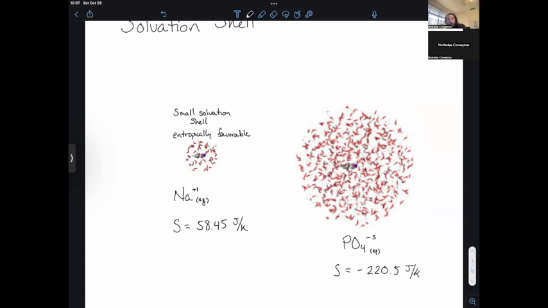I'll show you how I get these values in a second. Right now, you're just going to trust me on them. We can see that the phosphate ion has a negative entropy associated with it, and that's because the phosphate ion has a very large solvation shell, which is entropically unfavorable.